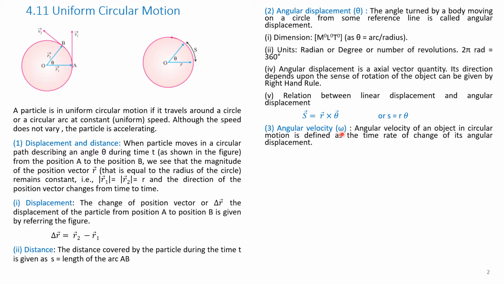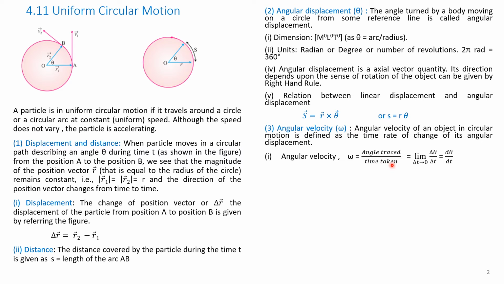Angular velocity omega. Angular velocity of an object in circular motion is defined as the time rate of change of angular displacement. That is, angular velocity omega is given by angle traced divided by time taken.